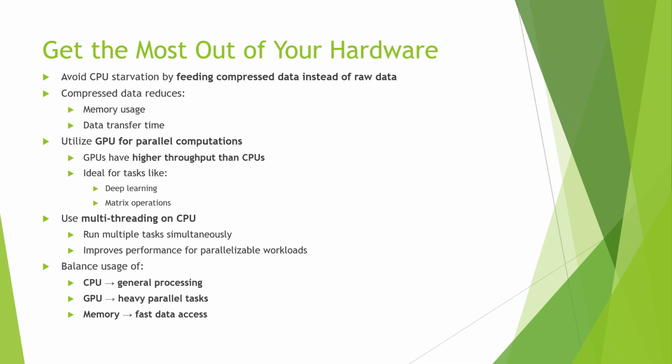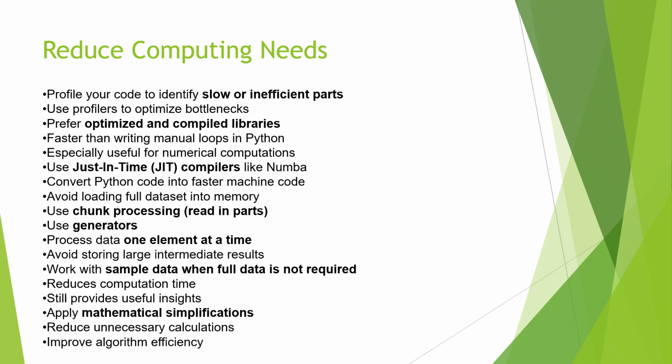On the CPU side, multi-threading can be used to execute multiple tasks simultaneously, which enhances performance for workloads that can be parallelized. To achieve optimal efficiency, it is important to balance the use of different hardware components. CPUs should handle general purpose processing, GPUs should be used for computationally intensive parallel tasks, and memory should be efficiently managed to ensure fast data access.